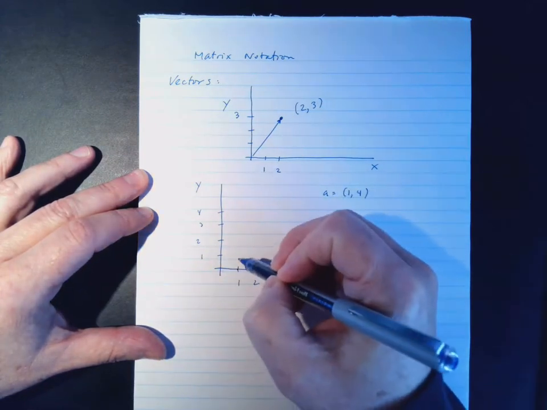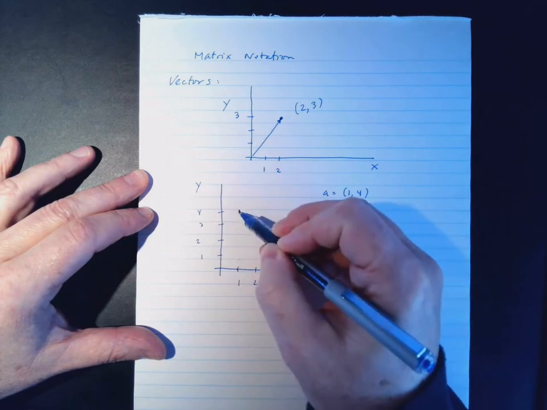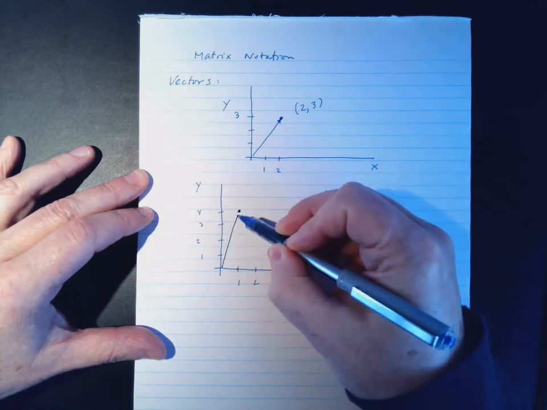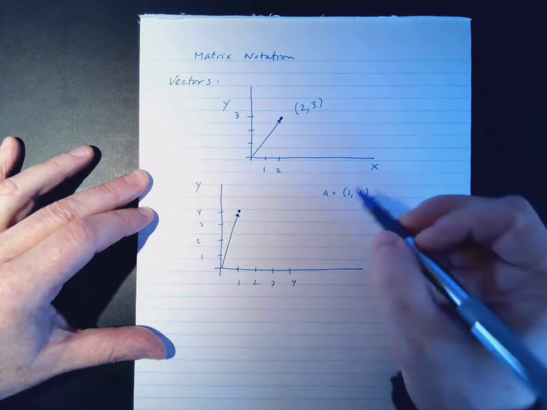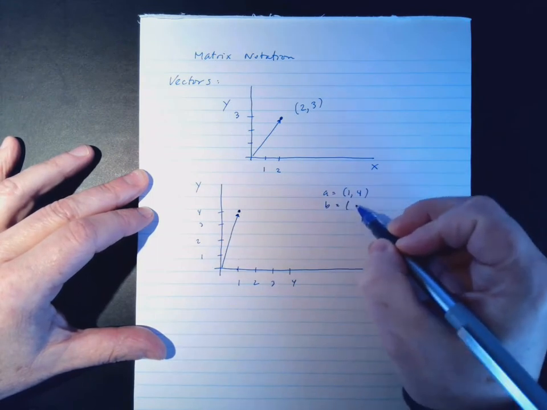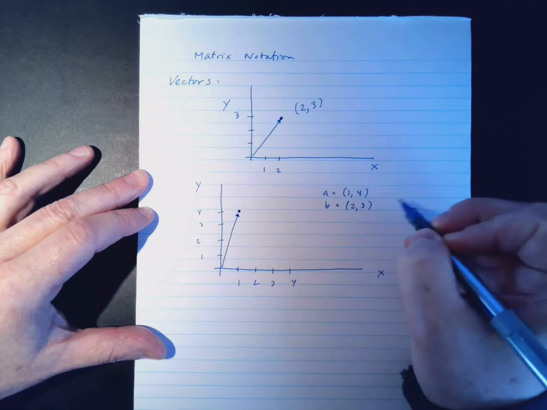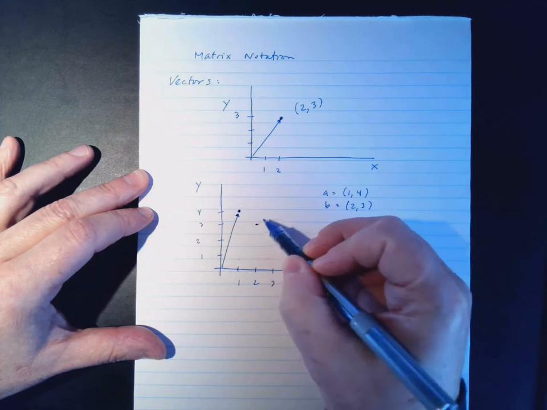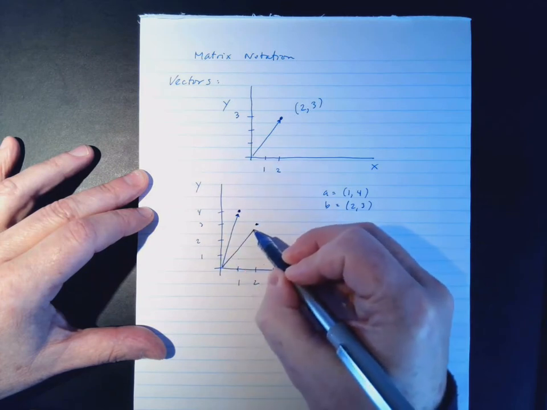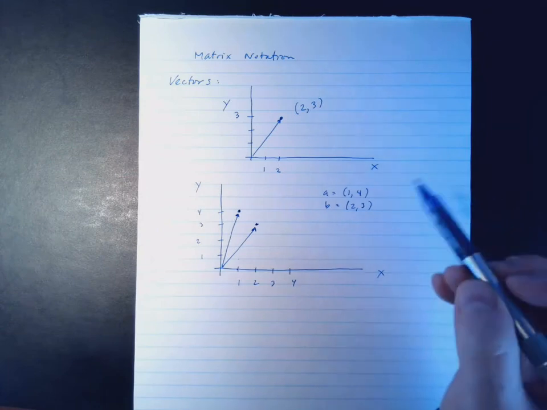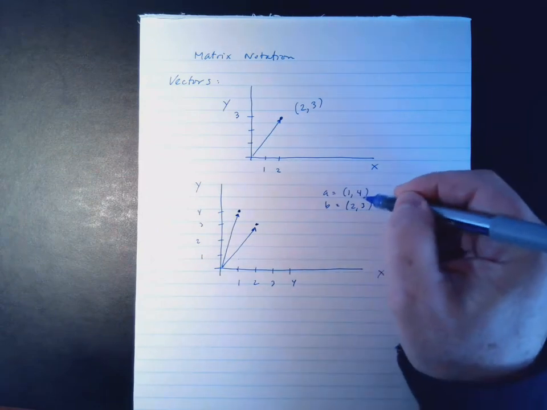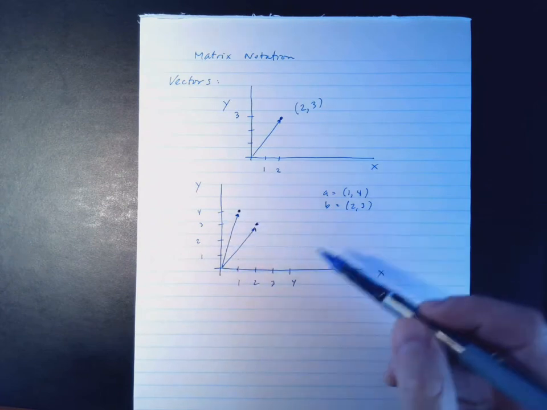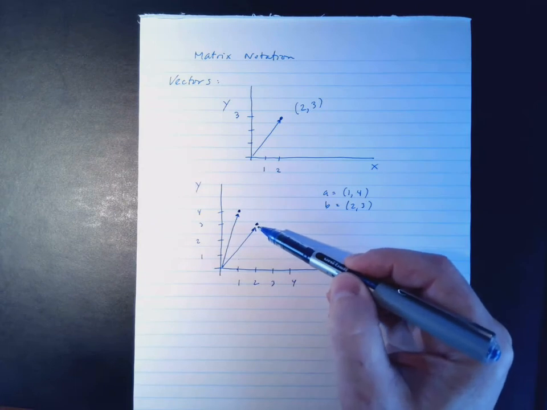That will be 1 in the x direction and 4 in the y direction, and we'll draw the arrow that gets us there. And we'll have another vector, the pair of numbers 2, 3. All right, so you can see in both these examples, my vector is the pair of numbers, it's the point in space on the graph, and it's the arrow that gets us there.